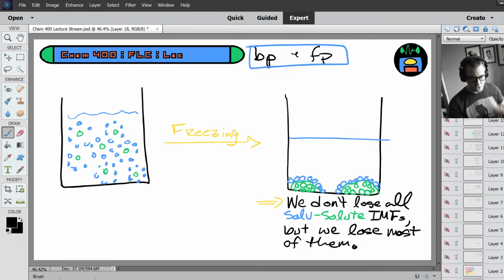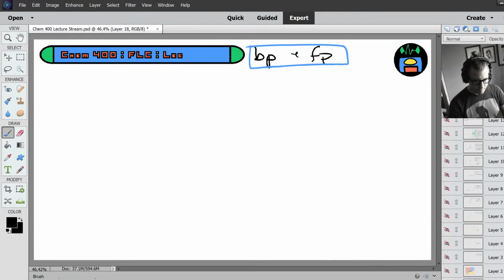All right, so let's talk about actually calculating how the boiling point and freezing point of solutions will change as we add solute.